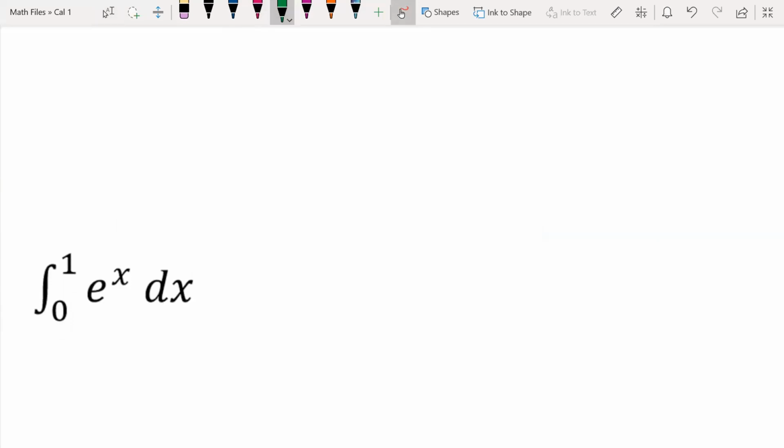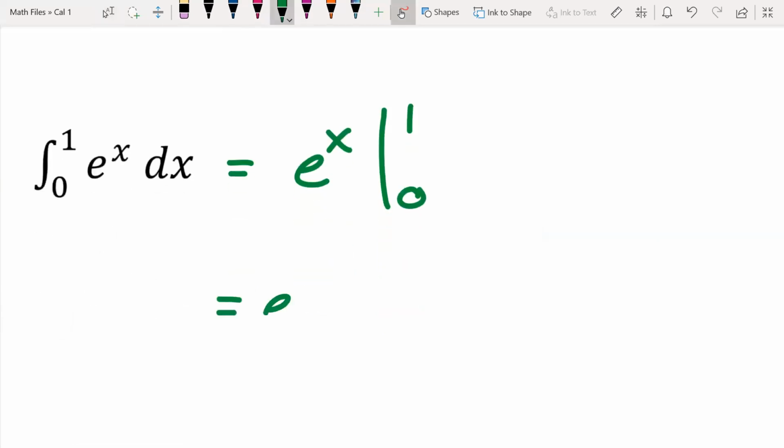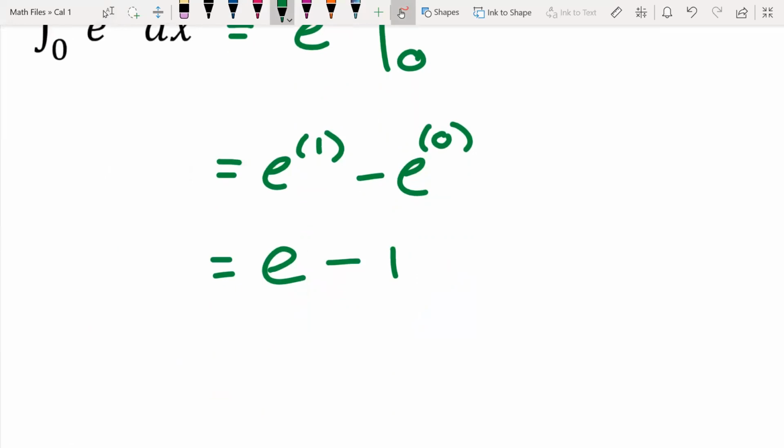Yeah. All right, cool. All right, here we have the integral from 0 to 1 of e to the x. Well, the antiderivative of e to the x is e to the x, which we evaluate from 0 to 1, which means you'll get e to the first minus e to the 0th, and we'll get e minus 1, which is, what's that, 2.718 minus 1, 1.718.